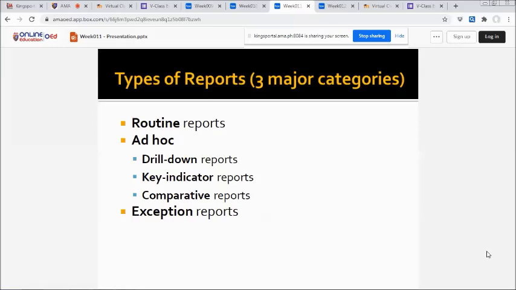In key indicator reports, what is our cash inflow versus outflow for a week? While in comparative reports, what are the sales of watermelon supplies versus lime supplies. How about the exception reports? It is a detailed list of stores that are not close to the average supplies versus total sales.